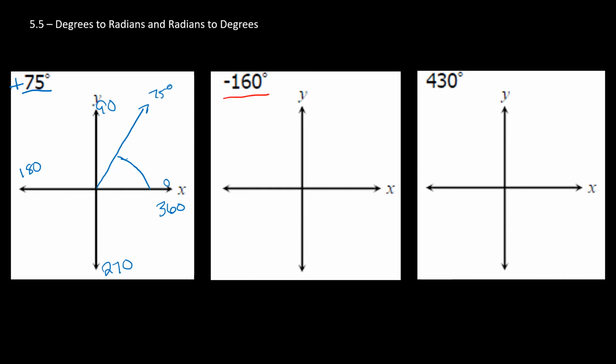So with negative 160, again, we're on the negative side, so we know that we're going to be going in a clockwise fashion. So when I'm labeling my angles here, I'm going to start here at 0. If I'm going clockwise, I'm going to go here at negative 90, negative 180, negative 270, and then we come back at negative 360.